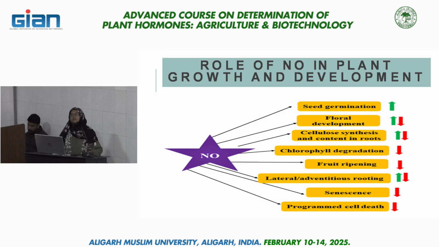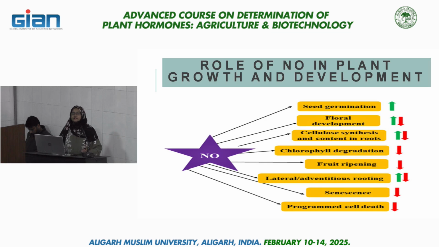That is why it is very important under stress conditions also, because many stresses like salinity or drought reduce the percentage of seed germination. As it breaks seed dormancy, it also helps in alleviating stress responses like salinity or heavy metal, all of which decrease the rate of seed germination. I am not going to discuss all the processes in detail.